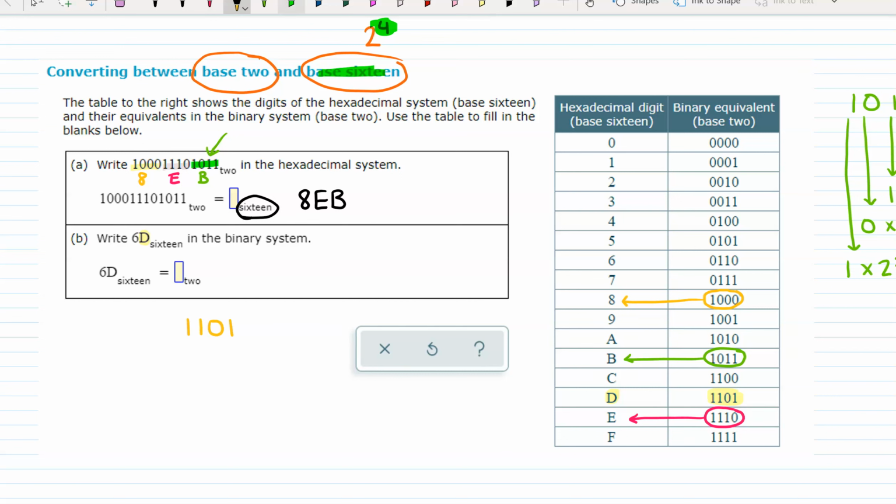And then 6 is 0110. So before, put 0110. So to write 6D in base 2, I would write 01101101, and that's in base 2.